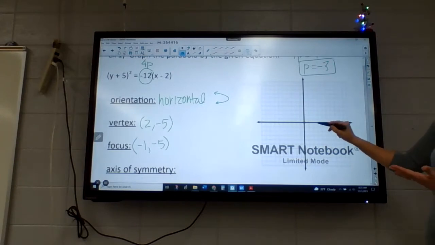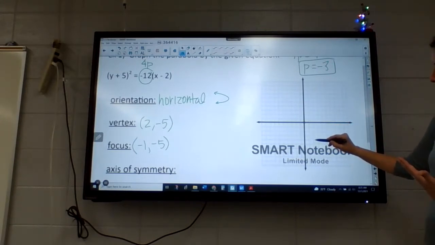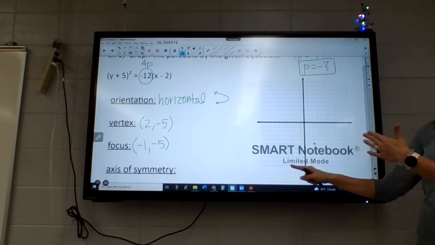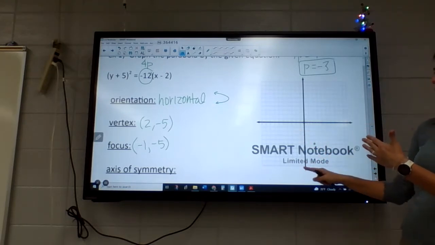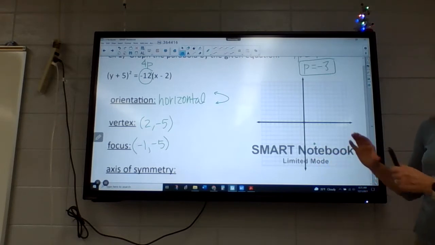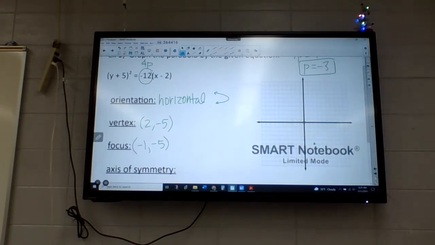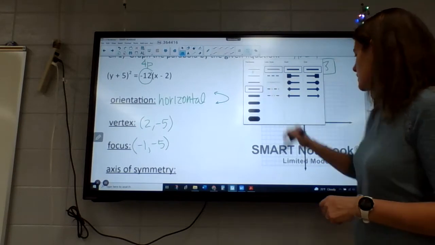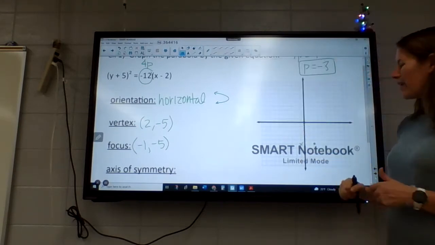So my vertex is 2, negative 5. But then the focus is negative 1, negative 5, and that makes sense because I'm expecting it to open this way, and it opens around that focus. So that focus is in the center of our parabola there. So the fact that the focus is here is what I was expecting.